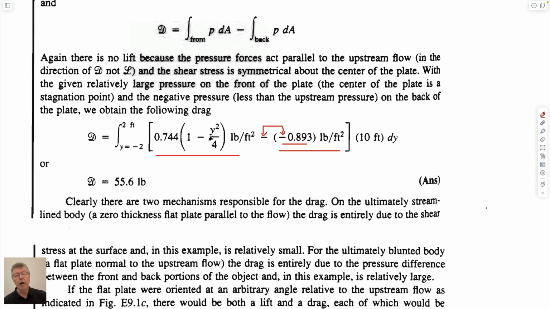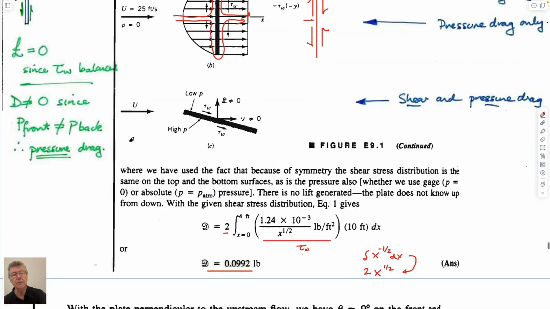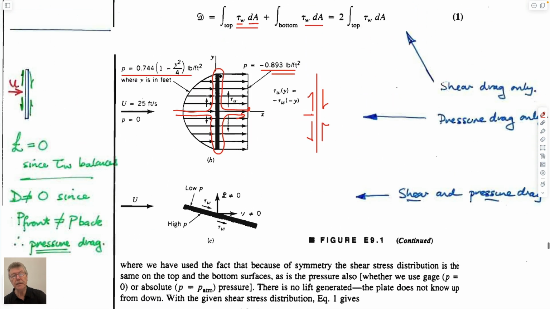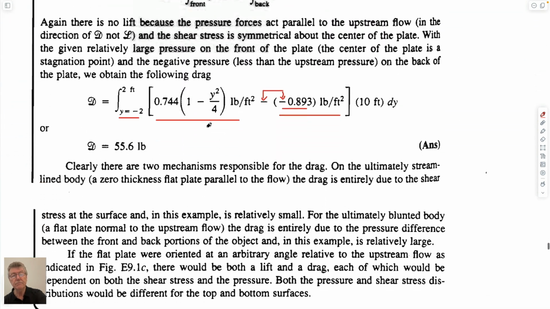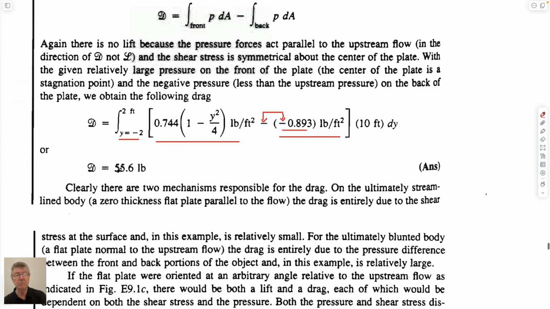So this is a function of y. Y is the direction from the midpoint upwards and downwards. So the limits of integration are between -2 and +2, the heights of the plate. It's just the same plate turned on its side. And if you integrate those, you end up with some magnitude, which I haven't checked either, but you'd get this. You'd have to integrate this y squared term dy.